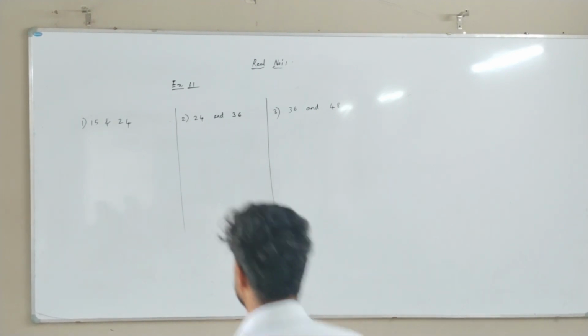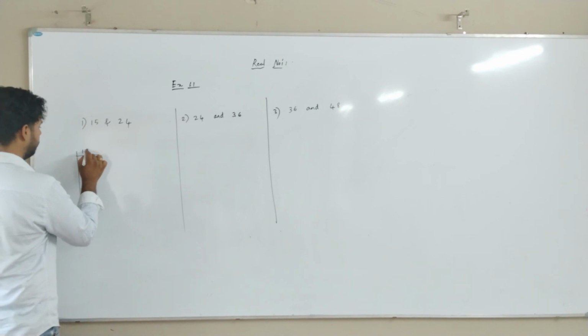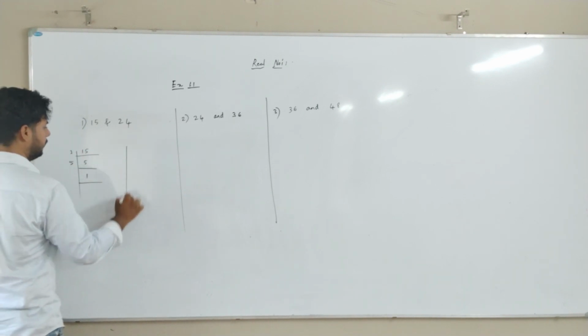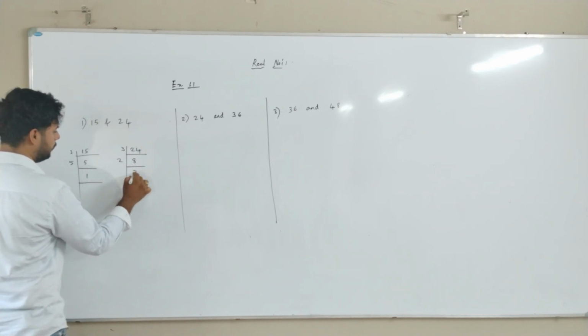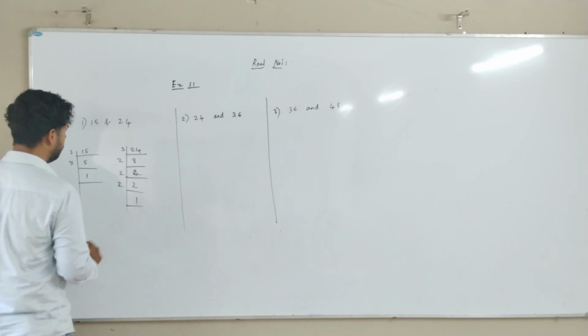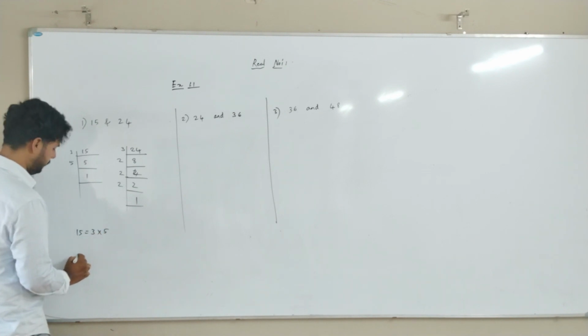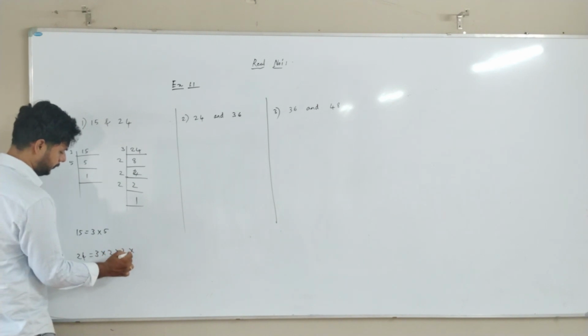So first I will do this answer. Stop writing. 15 and 24. 15, 3 fives are 15. 24, 3 eights are 24, 2 twos are 4. So 15 we can write as 3 into 5, and 24 we can write as 3 into 2 into 2 into 2.